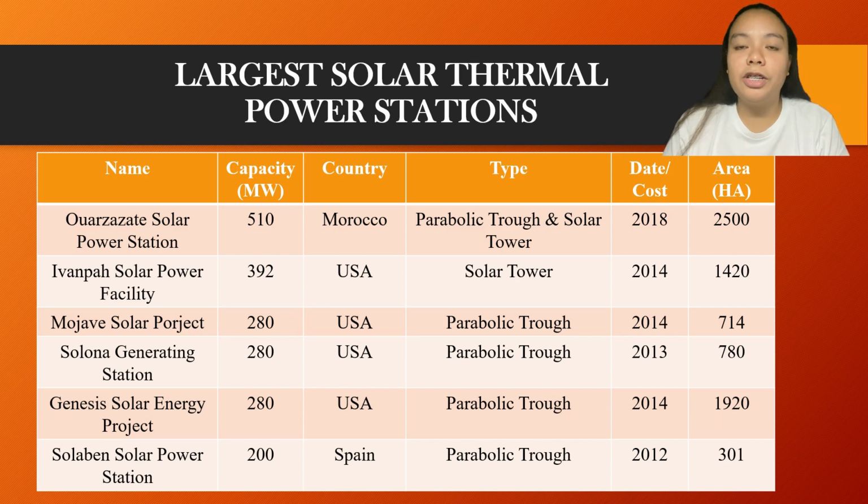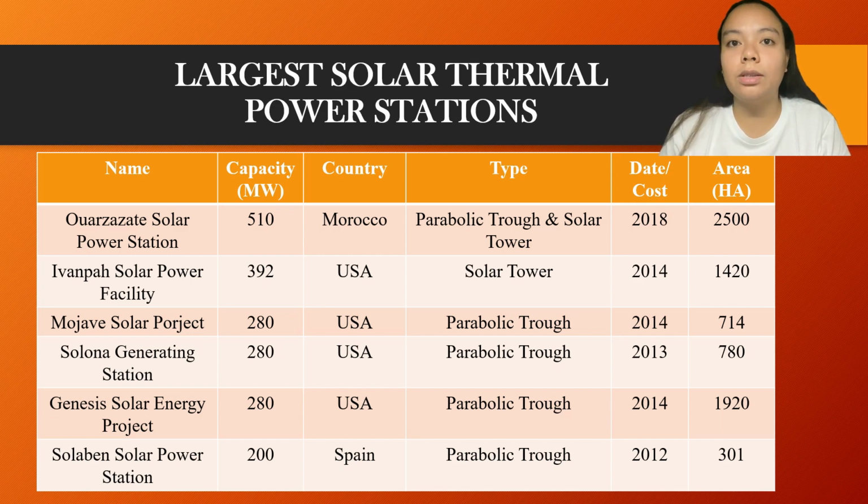The fifth one is the Genesis Solar Energy Project, which has a capacity of 280 megawatts, located in USA, and is a parabolic trough type, dated 2014, with an area of 1,920 hectares.